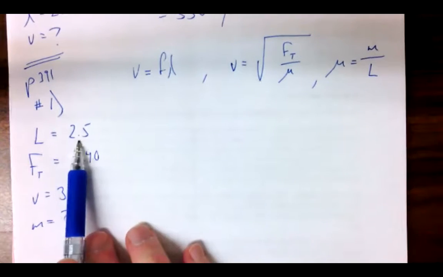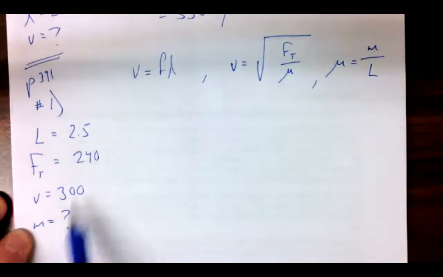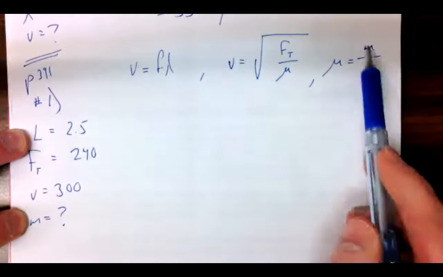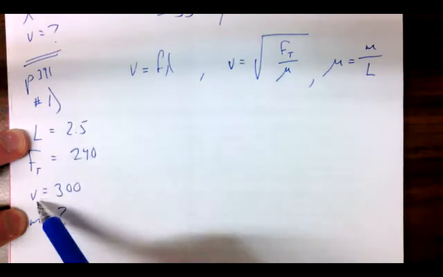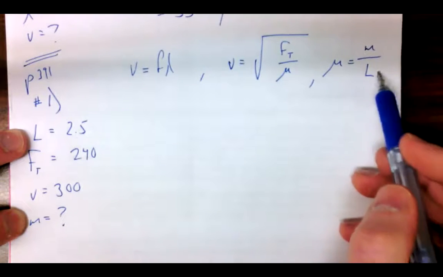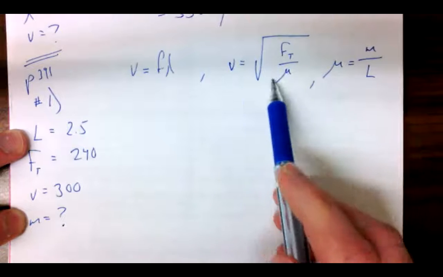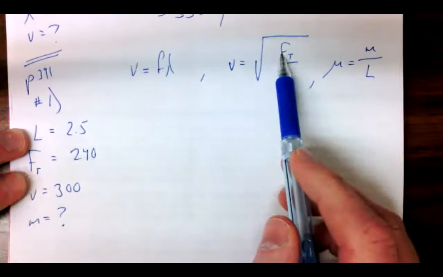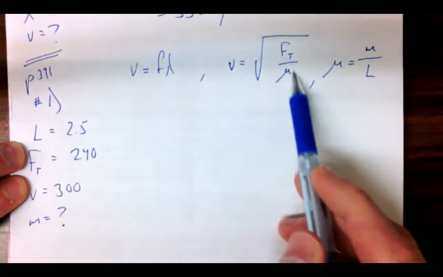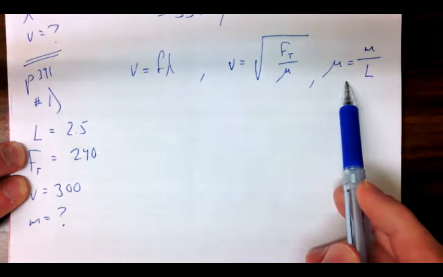Okay, so we can see we have length and we need mass. So we need mu. That's not in here at all. So we're going to need mu to be able to use this formula. The only other formula is this. We need speed and force. We have those. So we're going to start with this, solve for this, then use it to go over here.